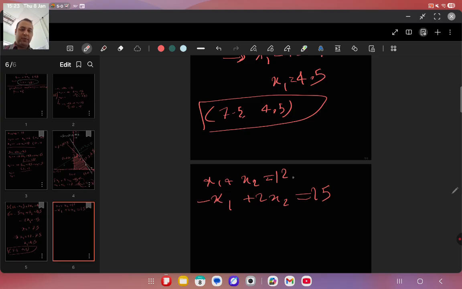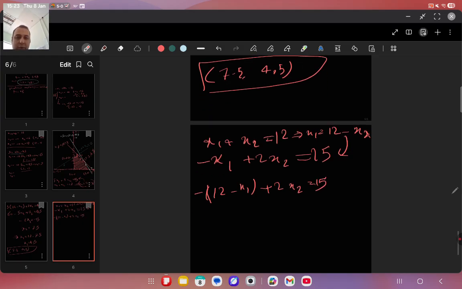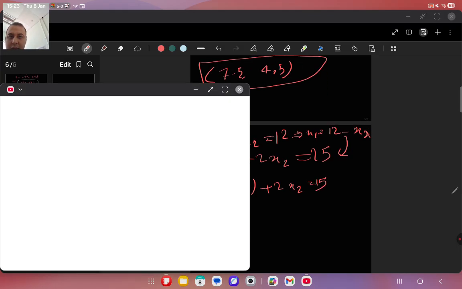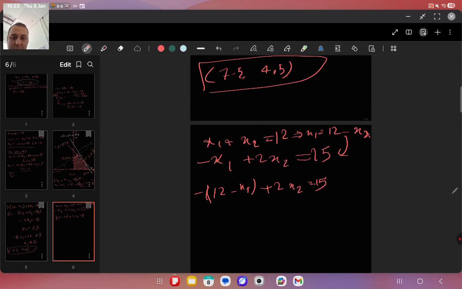So again we have x1 equal to 12 minus x2, then substitute inside here. So minus (12 minus x2), close the bracket, plus 2x2 equal to 15. So we have to find x2.